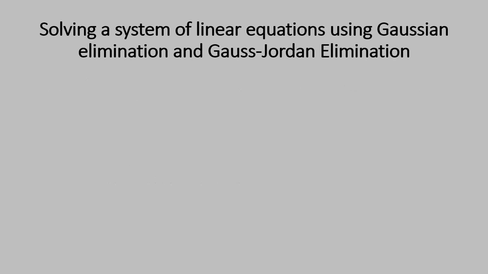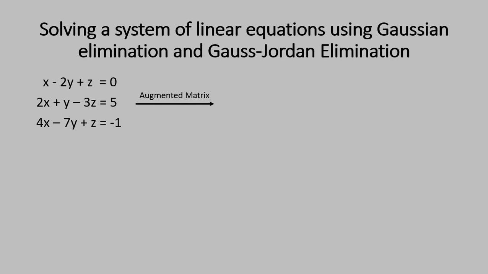We'll jump straight into an example. Here we have a system of linear equations: x minus 2y plus z is equal to 0, 2x plus y minus 3z is equal to 5, 4x minus 7y plus z is equal to negative 1. The first thing we need to do is write the augmented matrix.